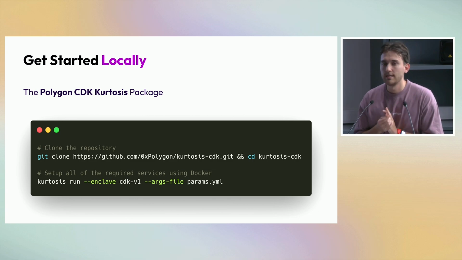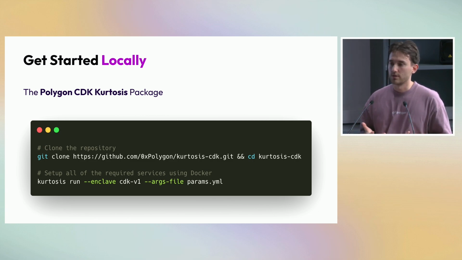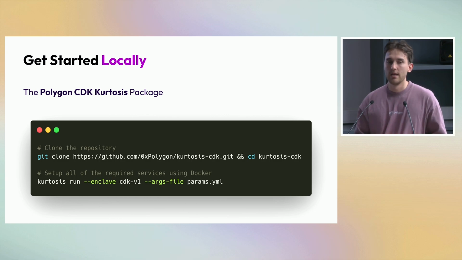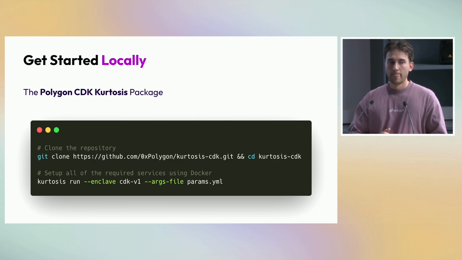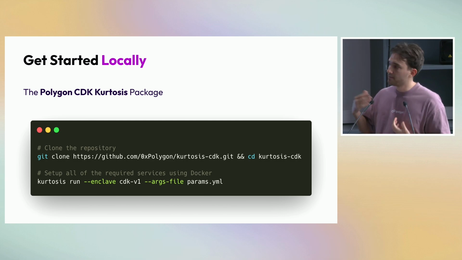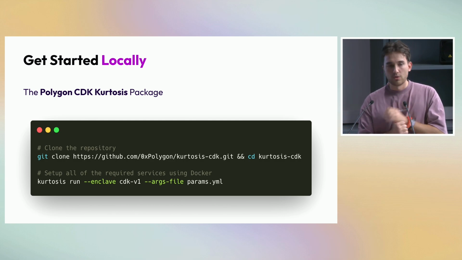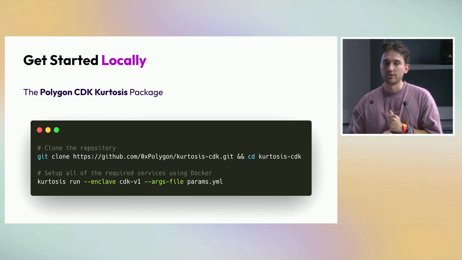So the Kurtosis CDK package: Kurtosis is an open source dev tool that specializes in orchestrating these containers for you. You specify what steps you want to occur and how those pieces that you launch should interact with each other. For example, in the default behavior, it will launch a local L1. It will deploy the rollup smart contracts to the L1.